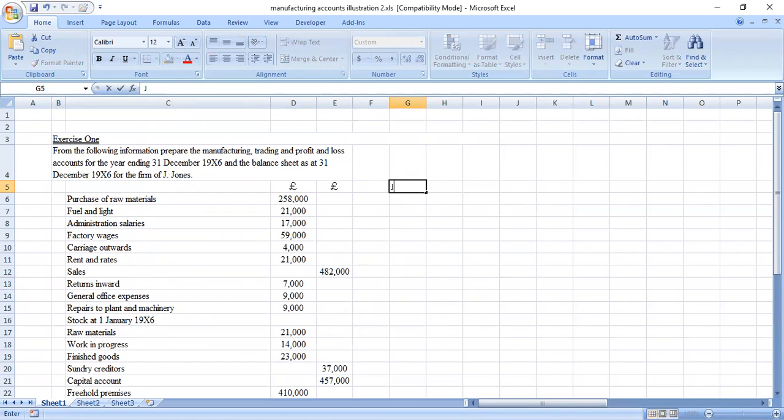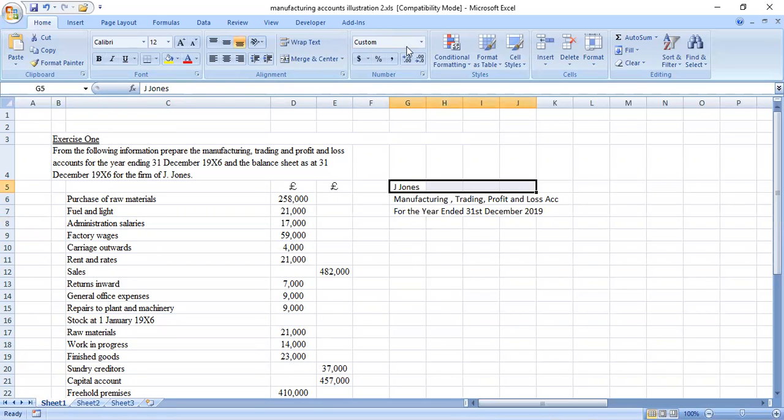In the title there must be the name of the business, J. Jones, Manufacturing, trading and profit and loss account for the year ended 31st December 2019.